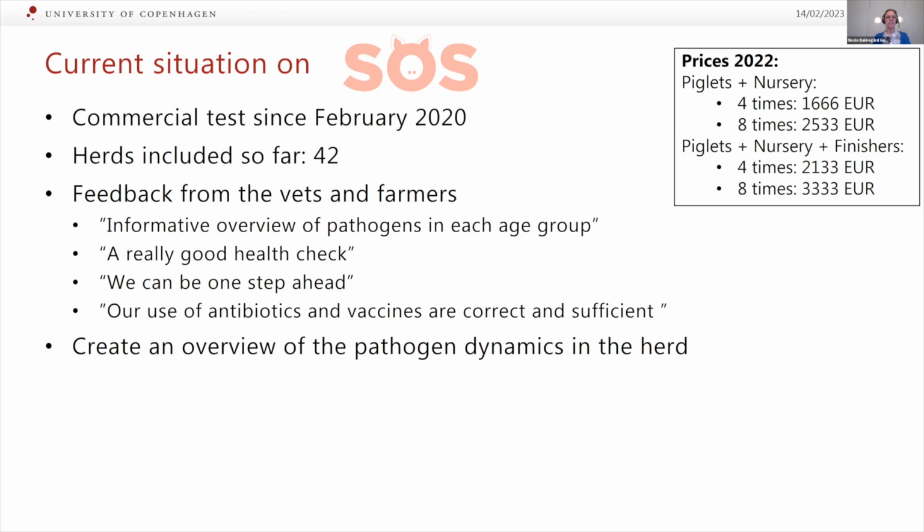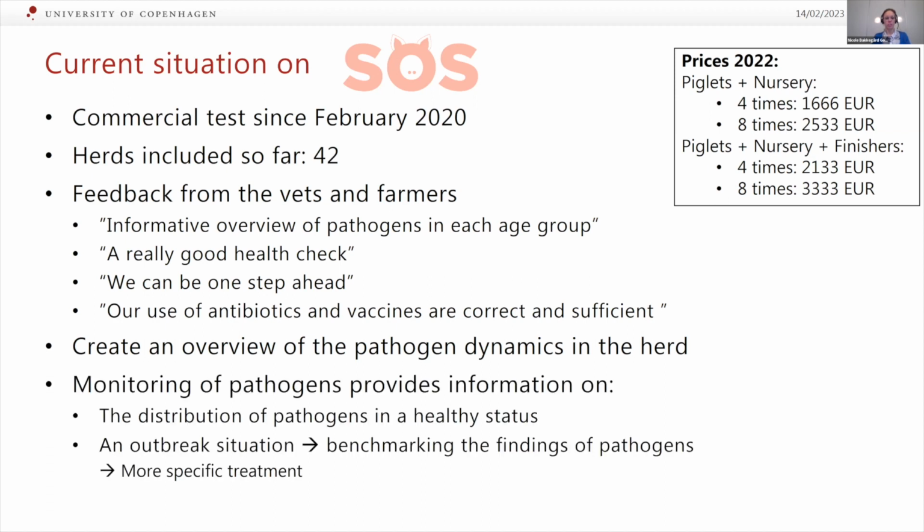This SOS concept has shown us that when using this high throughput platform for monthly monitoring of pathogens, we obtain a lot of information within each herd, and this information can be used to see which pathogens circulate in the different herds.